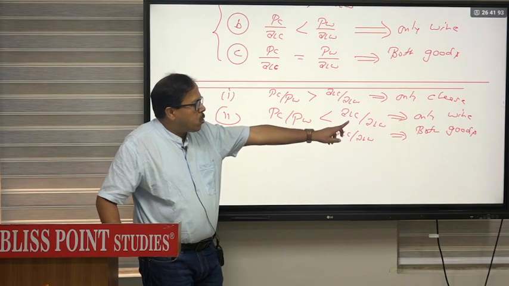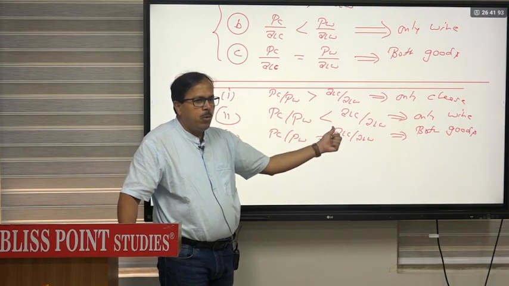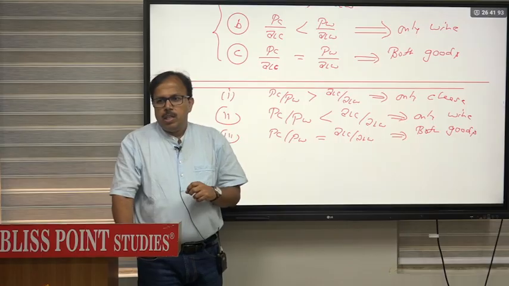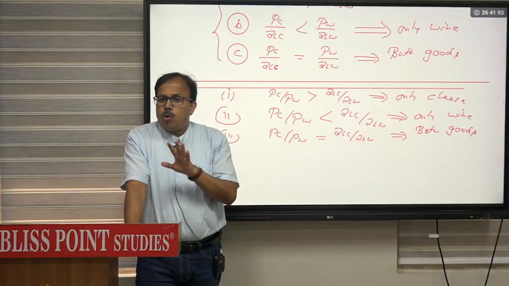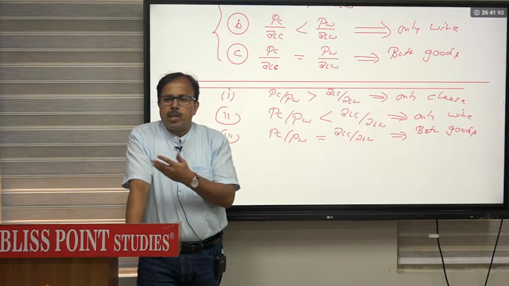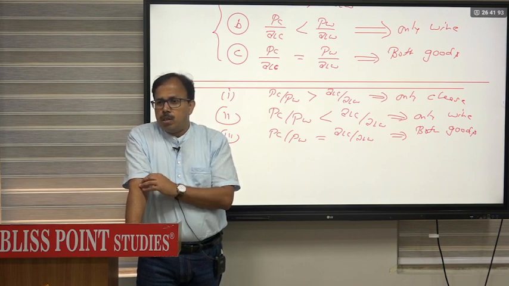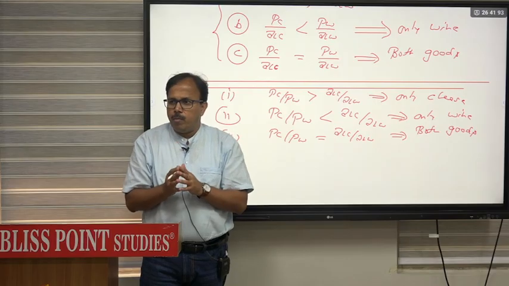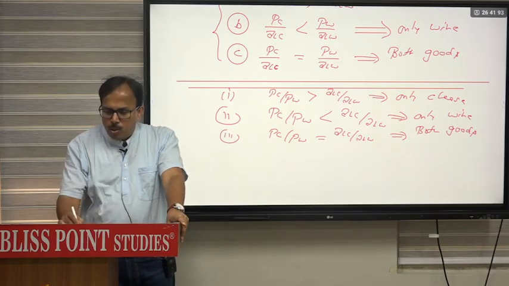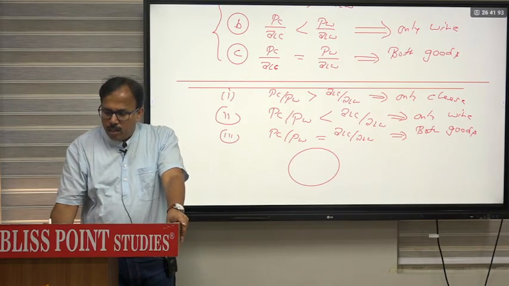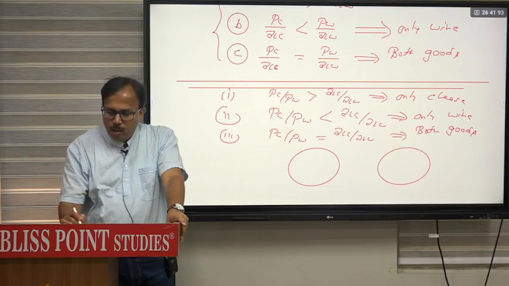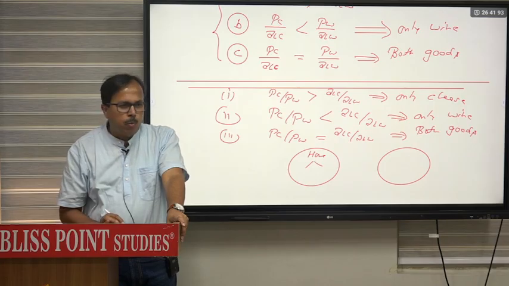Both goods can be produced only when PC by PW is equal to ALC by ALW. इसलिए if I ask autarky price, what is the meaning of autarky? Autarky means country in isolation, no trade, isolated country, closed economy है. तो if an economy is closed, see if in a closed economy के condition में क्या होना है? Home country must produce both goods on its own.